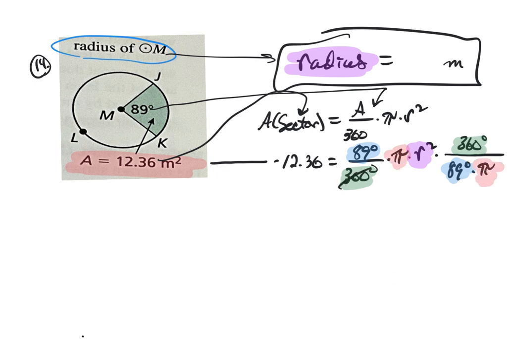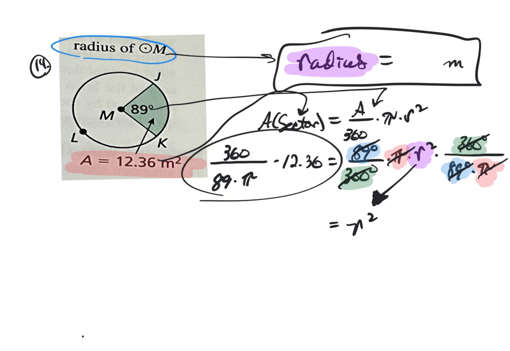So the only thing left over on the right-hand side is r squared. Now, whatever you do on one side, you have to do on the other. So I also have to multiply the other side by 360 over 89 and pi.